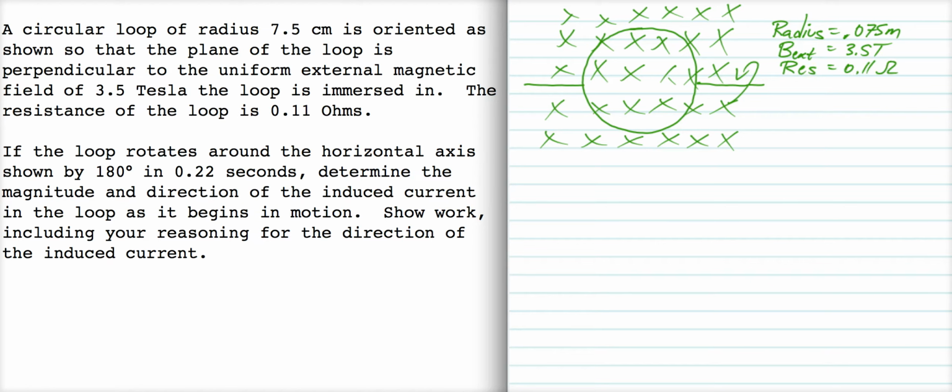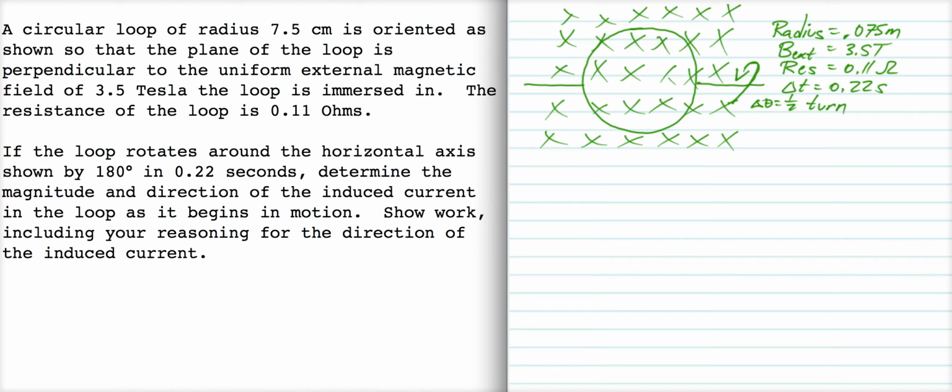And then we're told that this loop basically starts on the plane of the page and then it flips around backwards by 180 degrees in 0.22 seconds. Okay, so delta t is 0.22 seconds, and it basically moves half a turn. I guess that's delta theta.